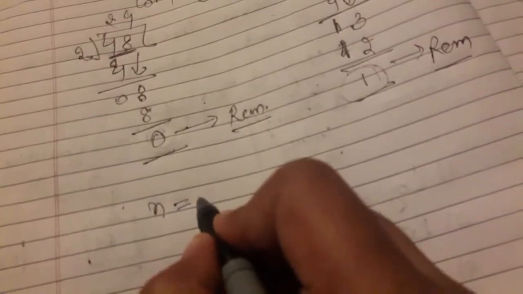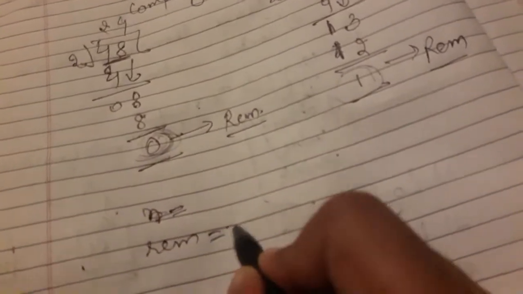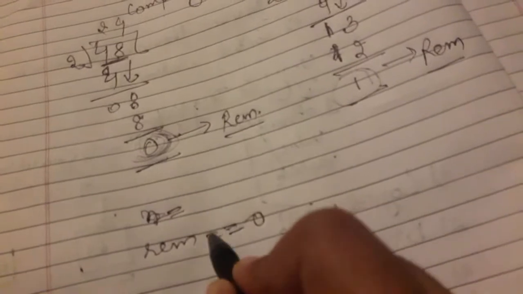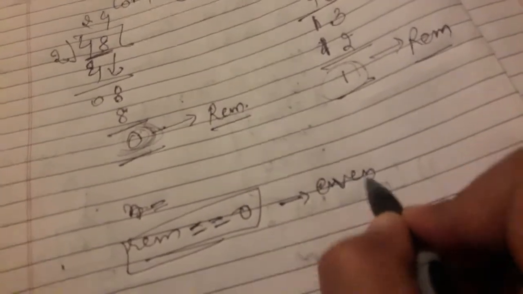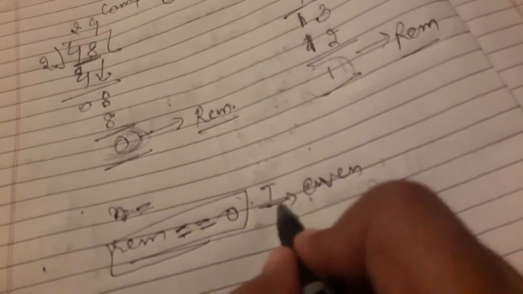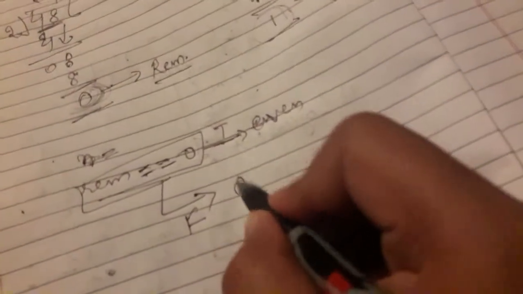Now I know what is even. If the remainder is 0, this is the equal to sign, right? If the remainder is 0 and this condition is true, then the number is even. If this condition is false, then the number is odd, right?